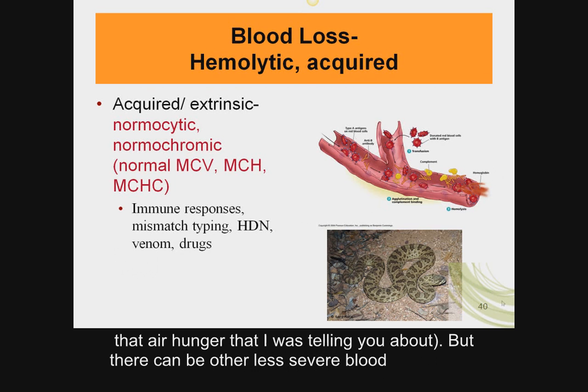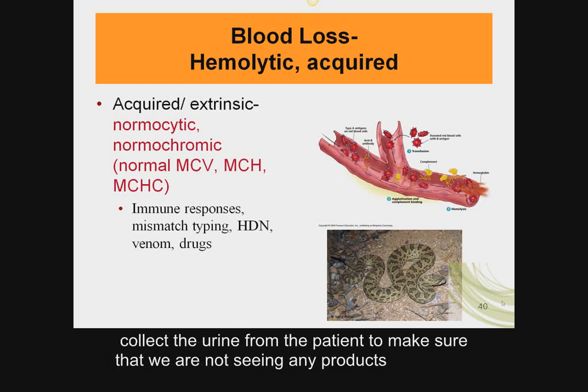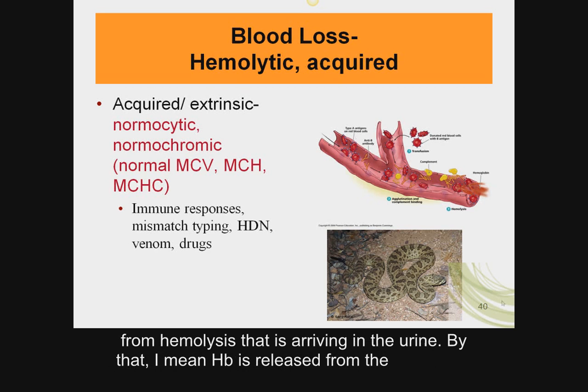When we give transfusions, we want to collect the urine from the patient to make sure that we are not seeing any products from hemolysis arriving in the urine. By that I mean hemoglobin released from hemolyzed red blood cells and filtered by the glomeruli in the kidneys can end up in the urine.